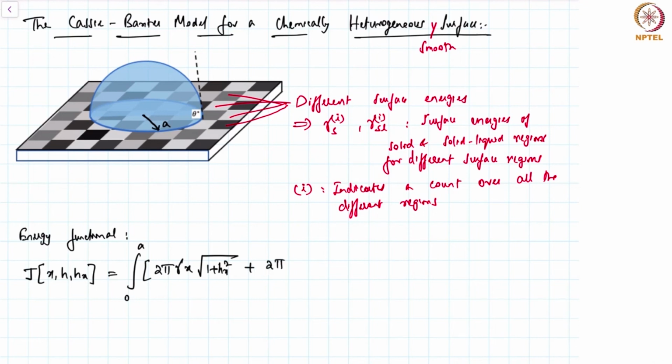Now we have to integrate over the entire region where the droplet is making contact with the surface. That's the wetted region on the solid surface. So this will be 2 pi x. But now if I have n number of checkerboard patterns, then I'll have to sum from 1 to n.